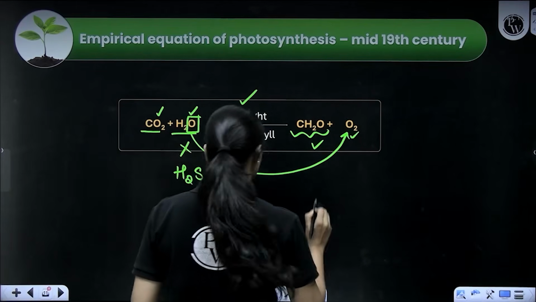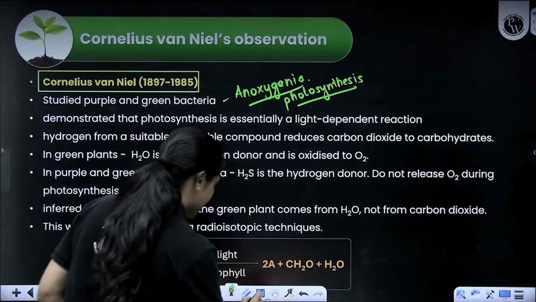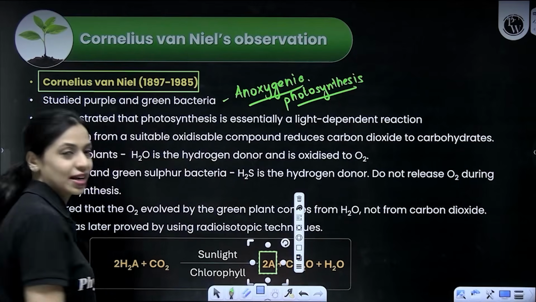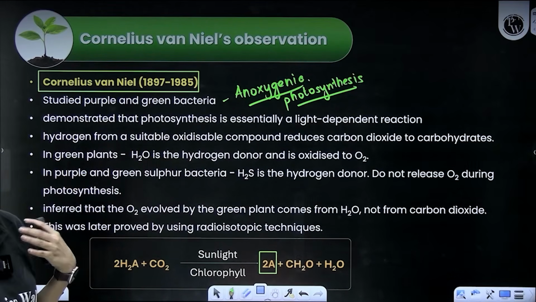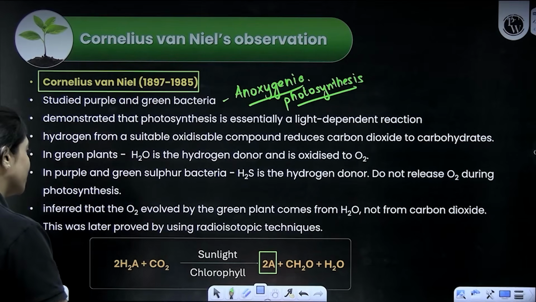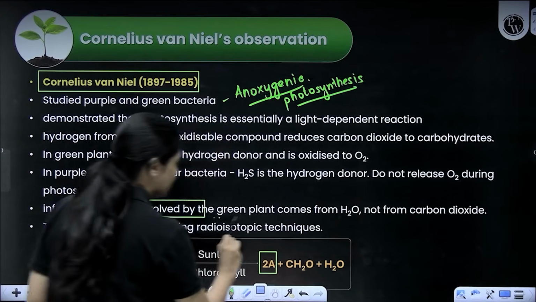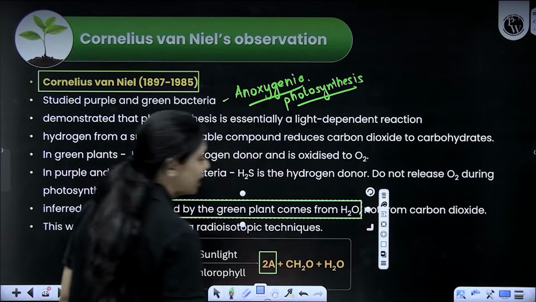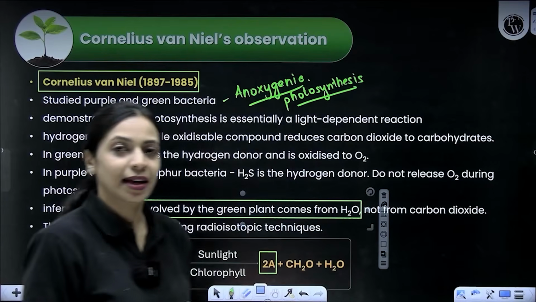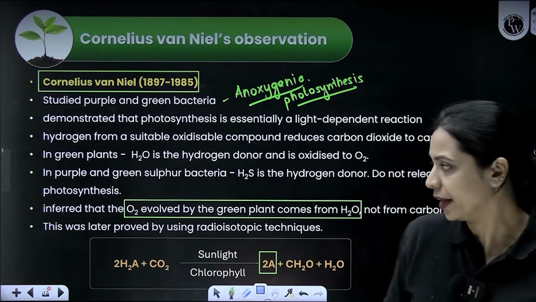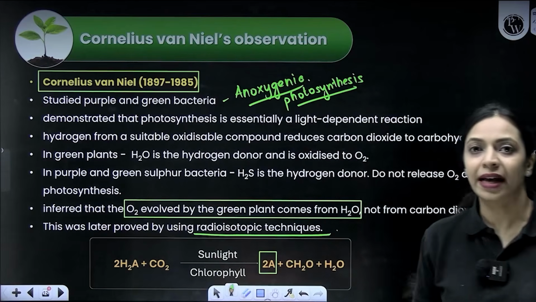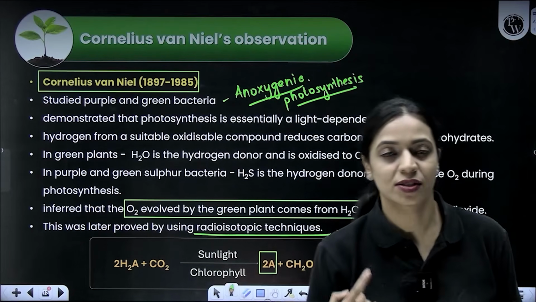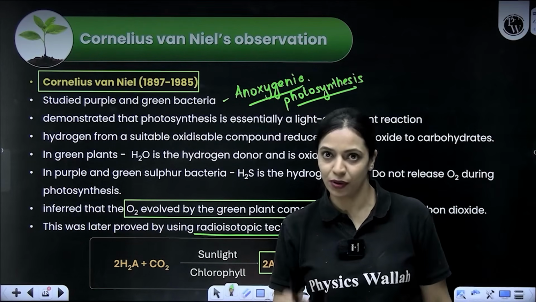Instead, sulfur was getting produced as one of the products. So, this kind of helped us understand that the oxygen that is evolved by green plants comes from water and not from carbon dioxide. Later, this was even confirmed by using radioactive isotopes, that the oxygen that is released is not from carbon dioxide but from water.